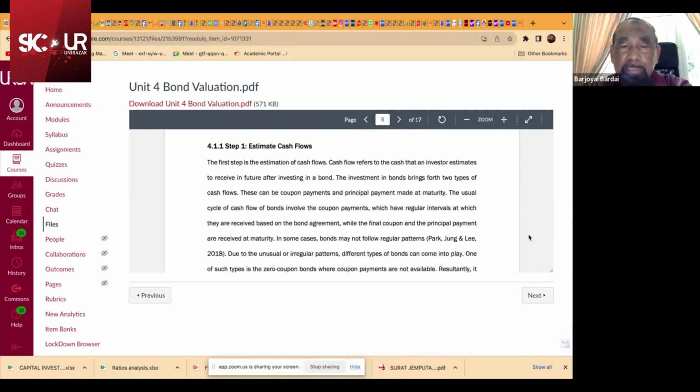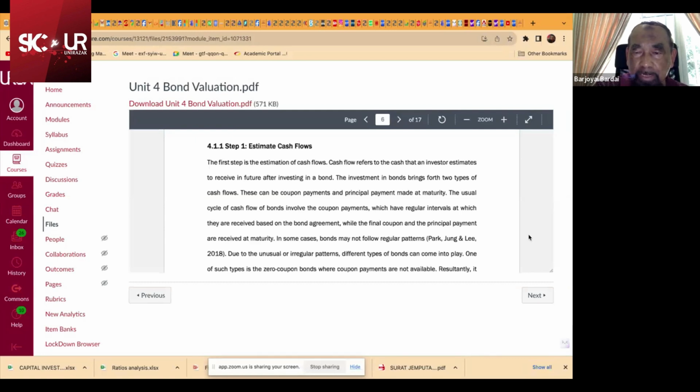Step 1, estimating cash flow. The cash flow refers to what an investor expects to receive in the future after investing in a bond. Investment in a bond brings forth two types of cash flow: the coupon payment annually during the holding period, and the principal payment at the end, at the maturity date.